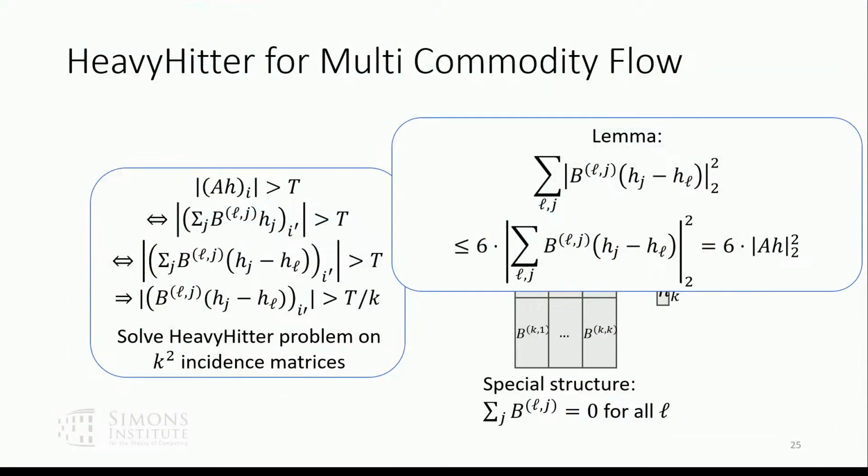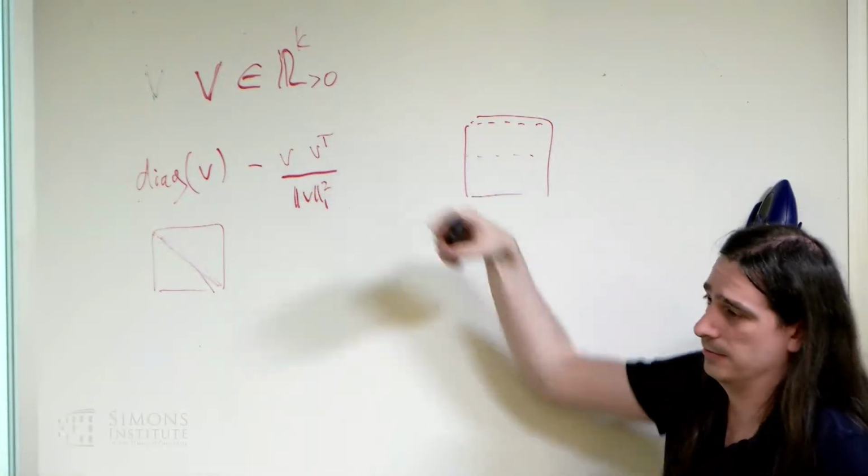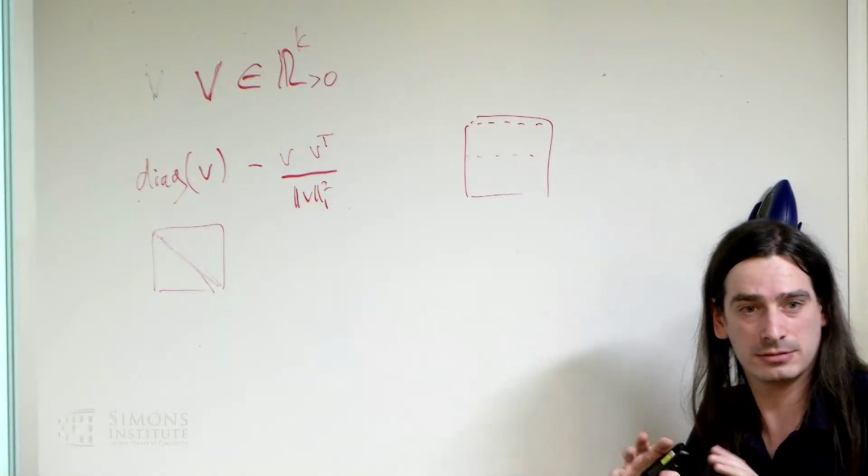You can think of these V's as something like if you wanted to solve single commodity flow, you have these electric flows, and you use like 1 over the slack as the resistance. These are kind of your new resistances. This guarantees that basically your flow stays positive, and this guarantees that you're not shooting over the capacities because there are multiple flows on the same edge.